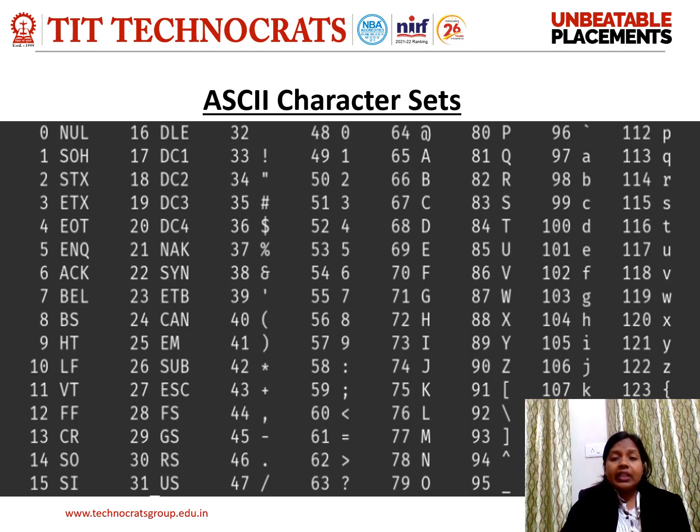Here you can see that we have capital A as 65, capital Z as 90, small a as 97, small z as 122, and 0 as 48, 9 as 57.